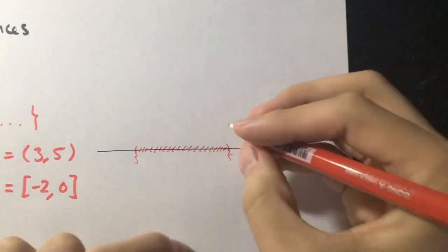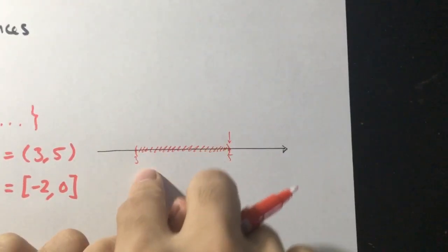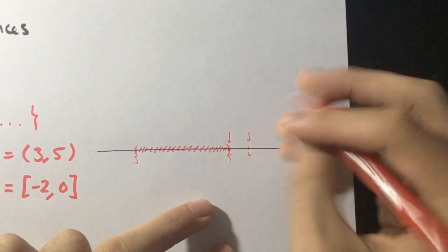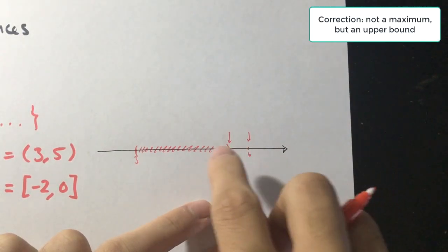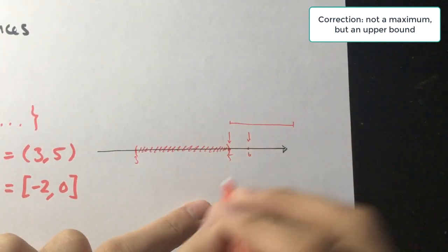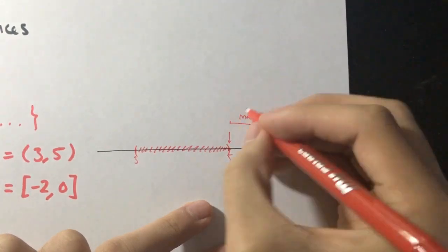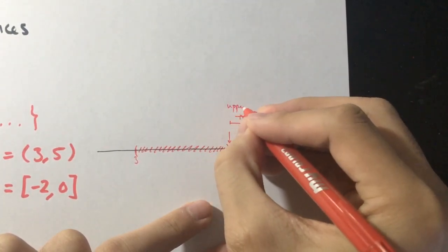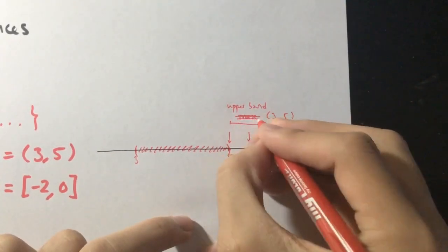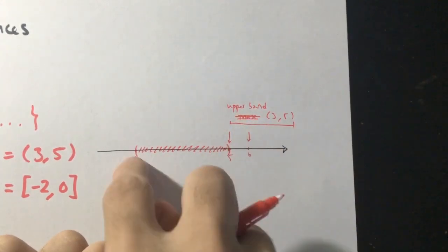So as you can see, 5 here could be a maximum of our set because all the numbers are less than 5. But a number like 6 can also be a maximum of our set because all the numbers are still less than 6. So all of these numbers here are a maximum, or not a maximum actually, it's called an upper bound. I was using the wrong terminology there.